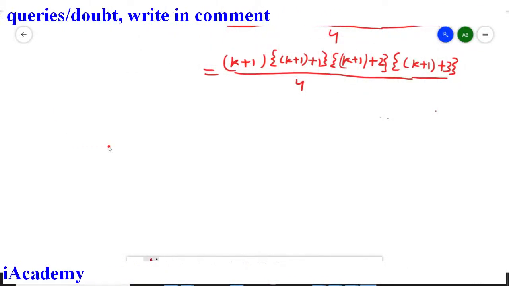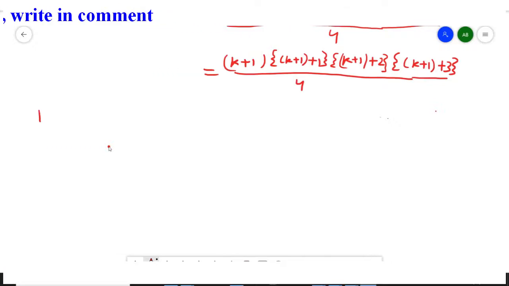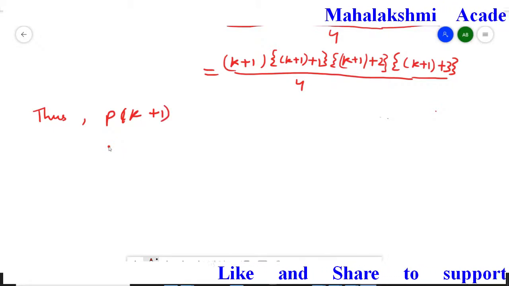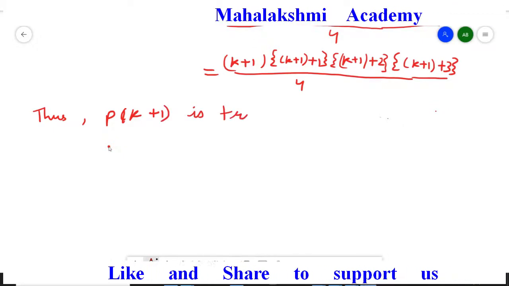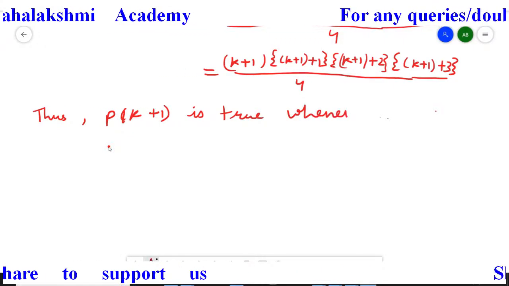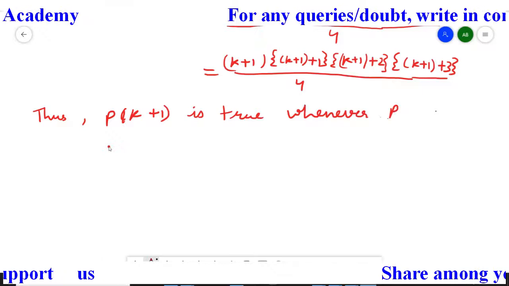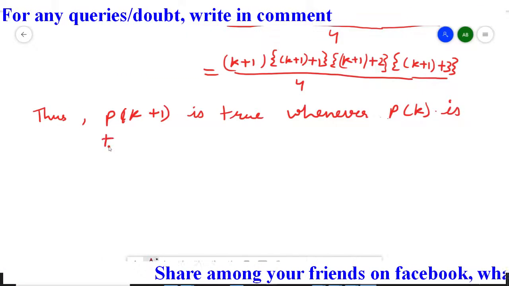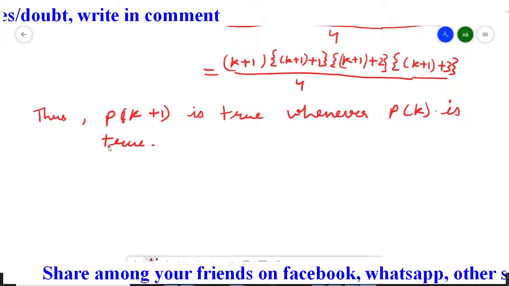We'll write down the last conclusion. Thus, Pk plus 1 is true whenever Pk is true.